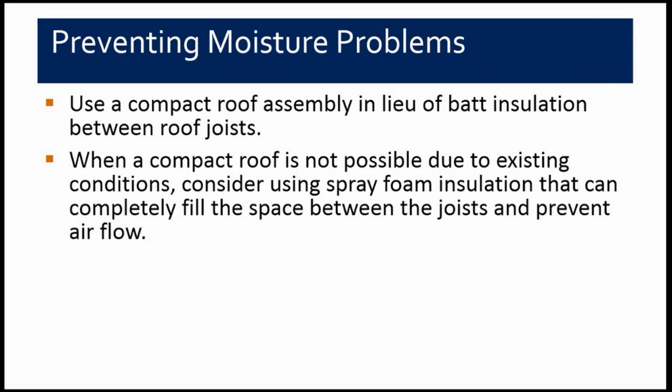So to prevent these problems, the best way to do it is to use a compact roof. Put the insulation above the sheathing. Don't put insulation on a flat or low slope roof below the ceiling space. It's just very difficult to accomplish. If you can't do a compact roof because of space requirements, then the next best choice is to put in spray foam insulation.